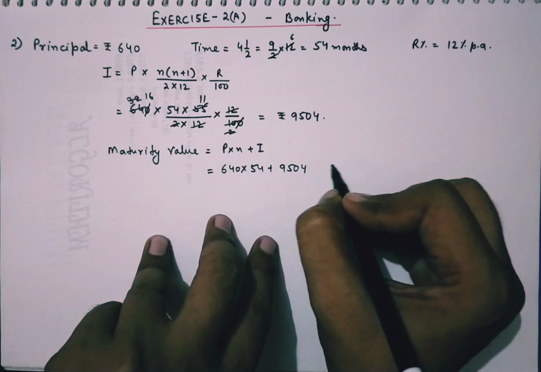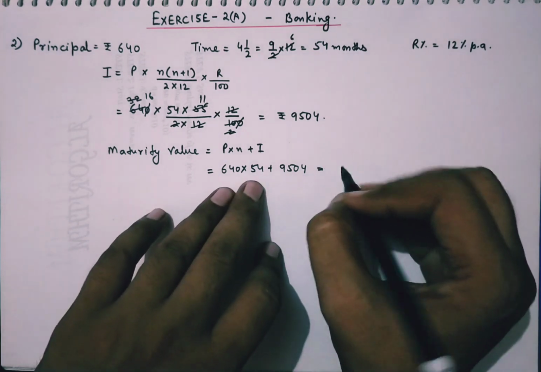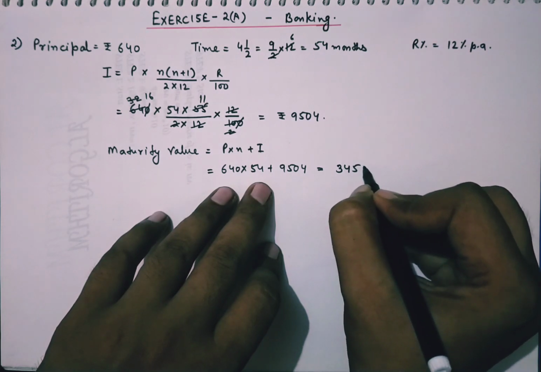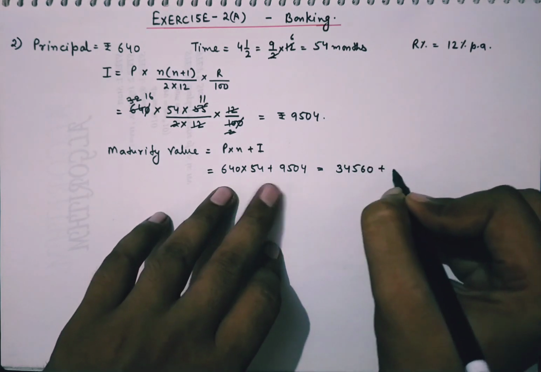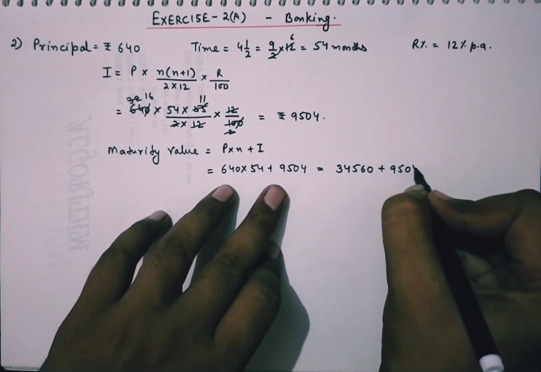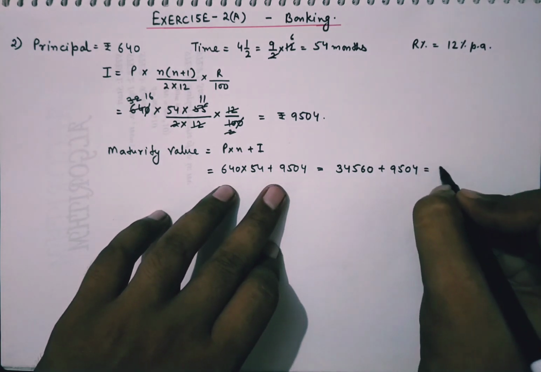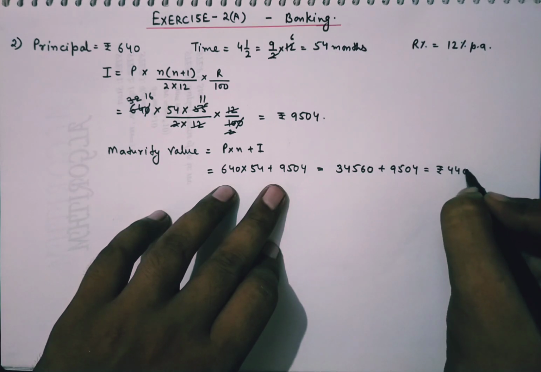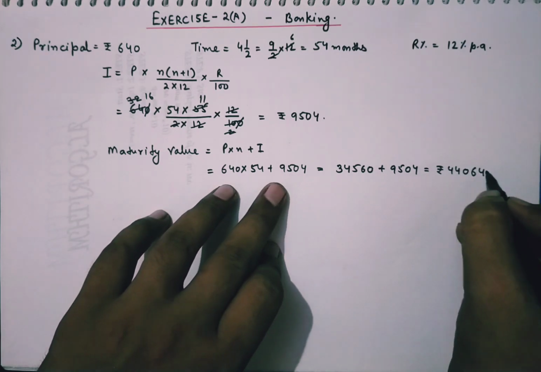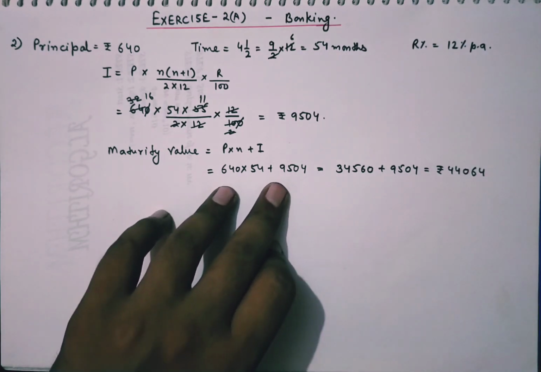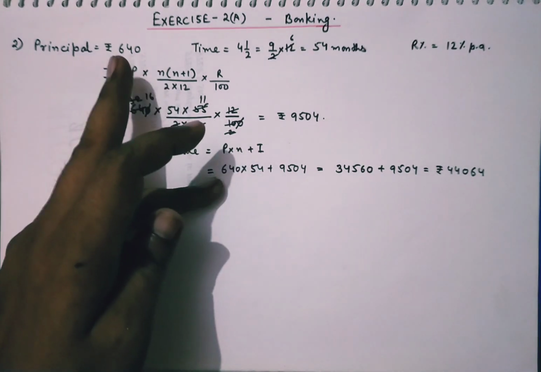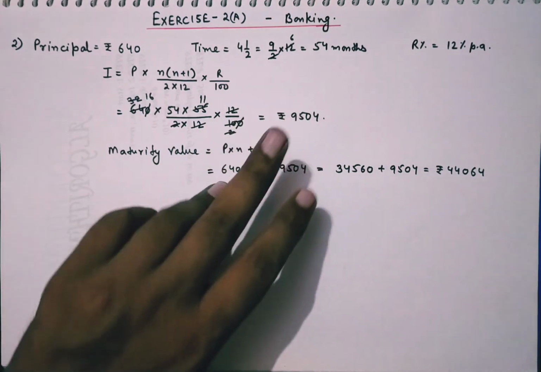On multiplying these two, we get 34560 plus 9504, and now adding these two we get rupees 44064. Now this was the type of question in which the maturity value is asked. In this type, we have been provided with the principal, time and the rate.